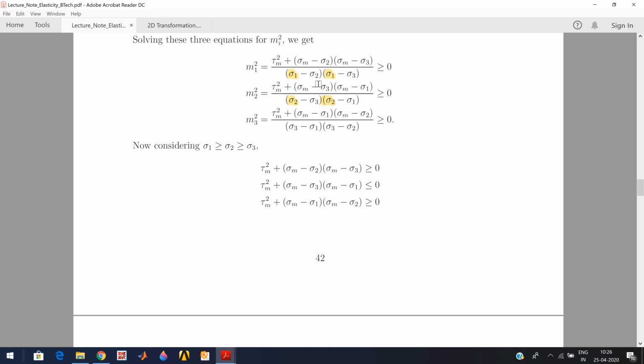And then we know from the first equation the denominator is positive, so that means the numerator also will be positive, so that's why we get this equation. But for the second one you can see sigma 2 minus sigma 3 is positive, but sigma 2 minus sigma 1 is negative, so altogether it is negative. That's why the numerator also will become negative to make it greater than 0.